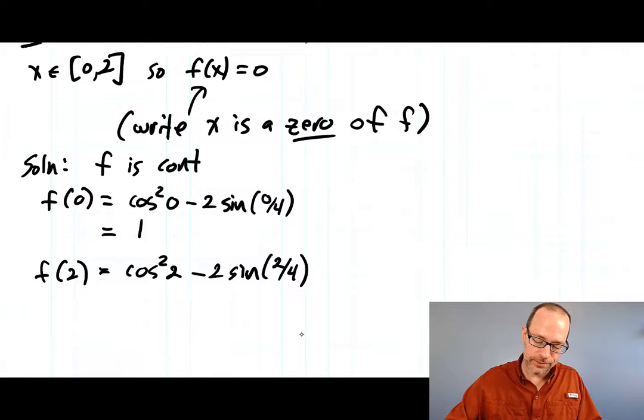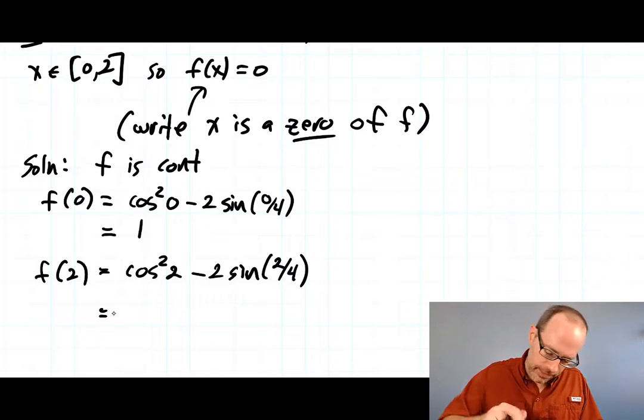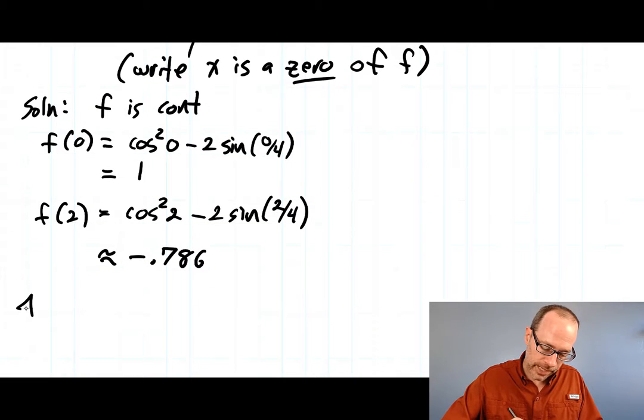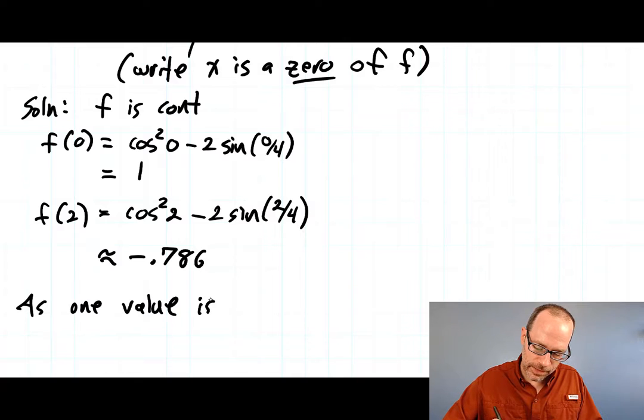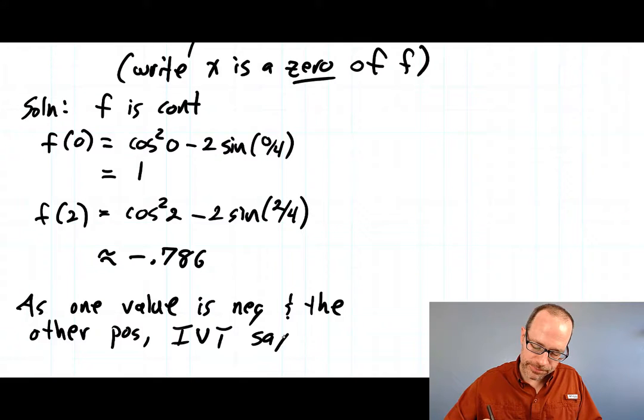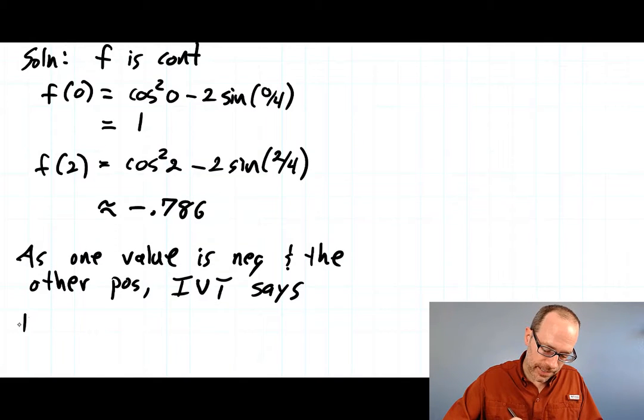Now no one knows what the cosine of 2 is, so you have to approximate it on a calculator, and you get negative 0.786. So as one value is negative and the other positive, the intermediate value theorem says there is an x.